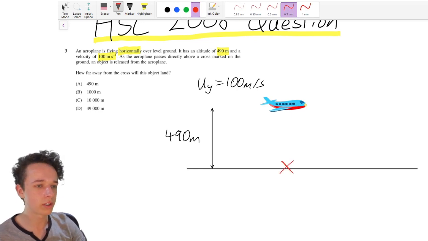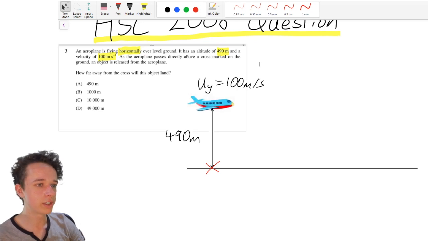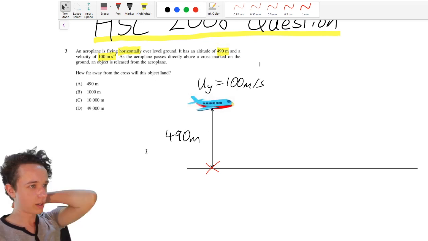As the airplane passes over a mark on the ground, an object is released from the airplane. And how far away from the cross will this object land?